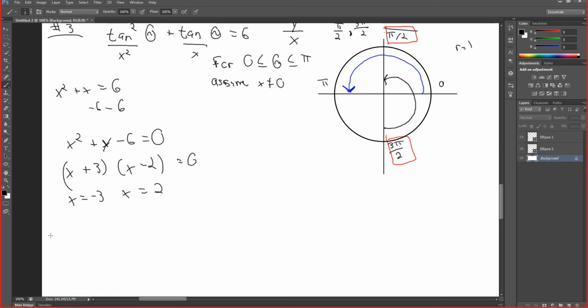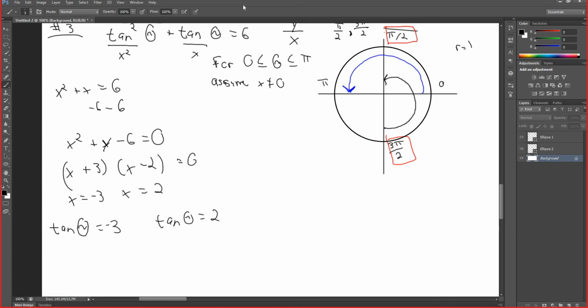Alright, so now we can go back and we can plug in tangent of theta. So I have tan of theta is equal to -3. And I have tangent of theta is equal to 2. I could waste my life trying to find what theta is equal to, or I could be smart.